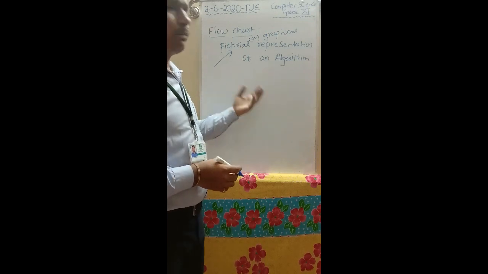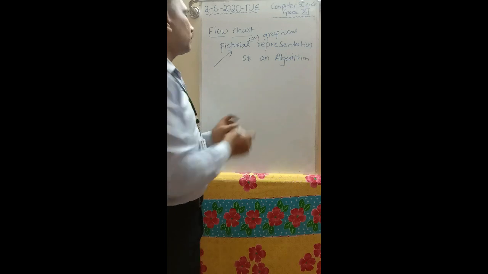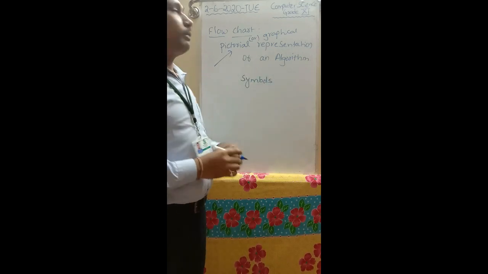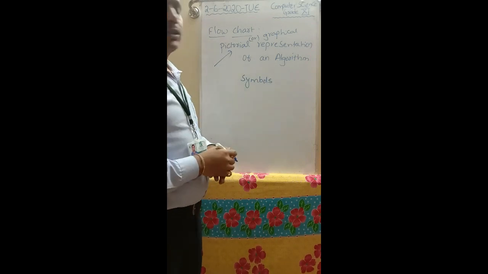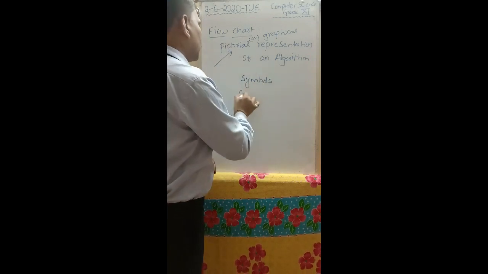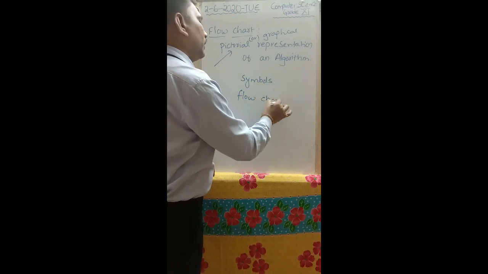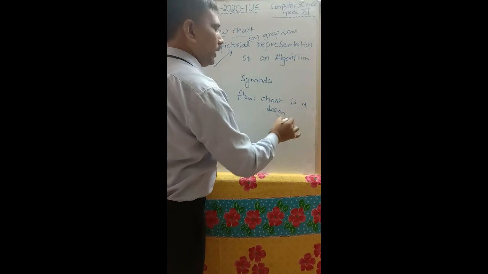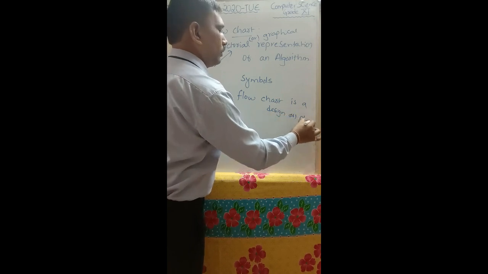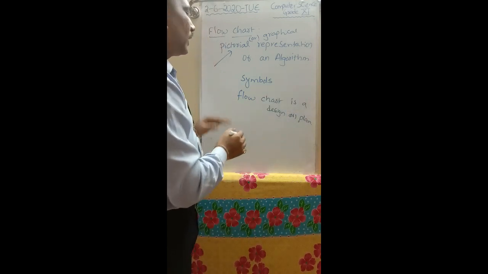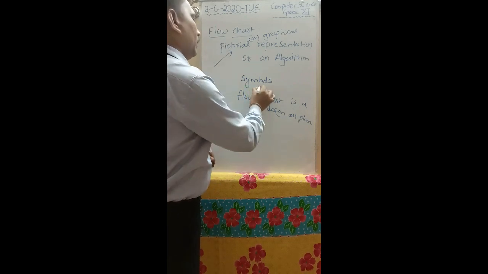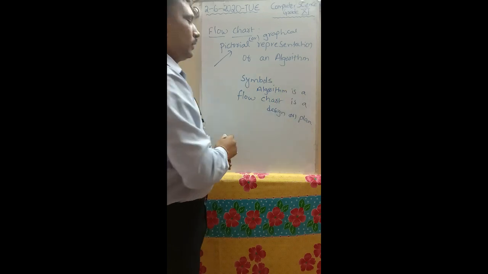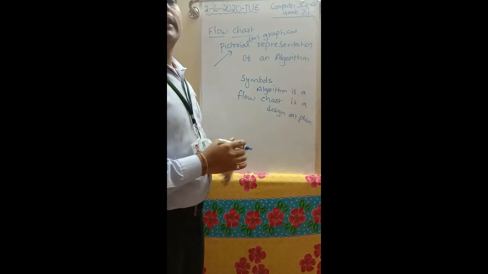It is a design part. By using different types of symbols we prepare this flowchart. A flowchart is a design or plan, a plan in a structured manner.